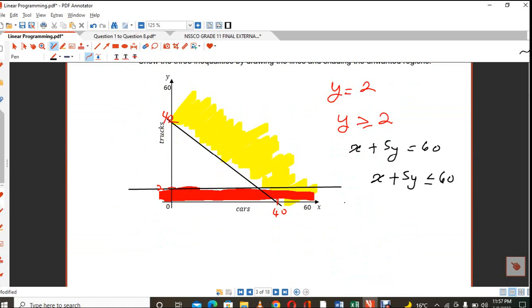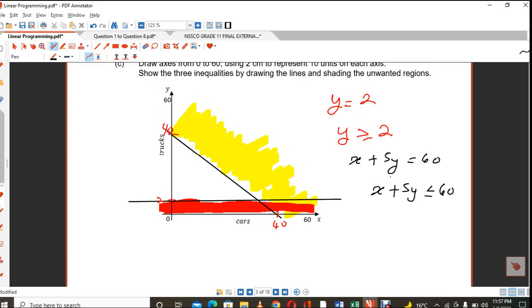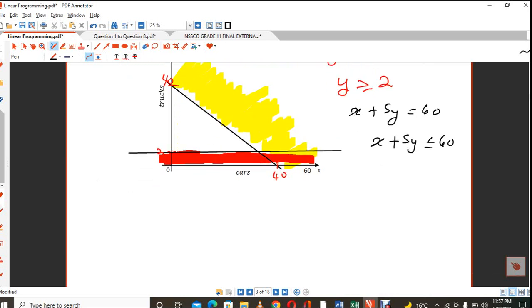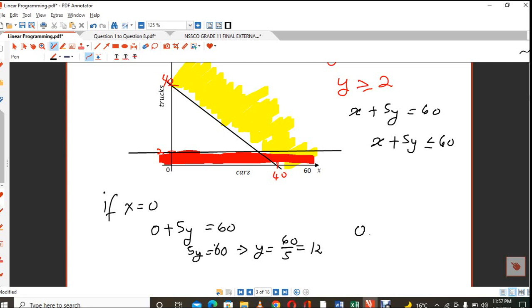So you're going to draw that line. If I want to draw that line, I will again say if x equals 0, that means 0 plus 5y equals 60, then what will y be? That gives you y is 60 divided by 5, which is 12, which means (0, 12).